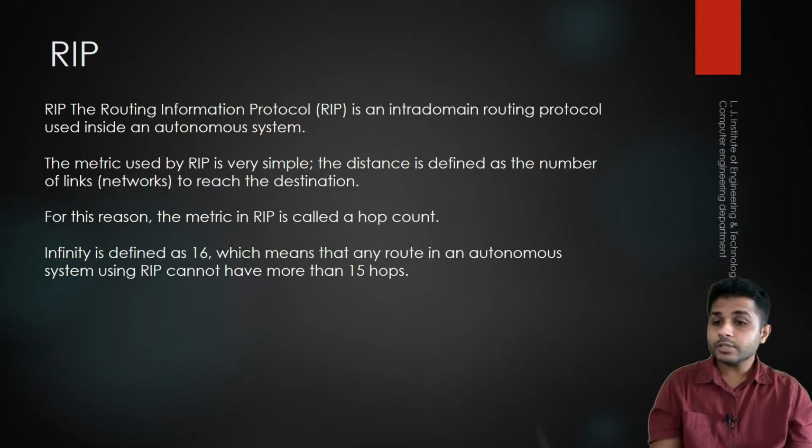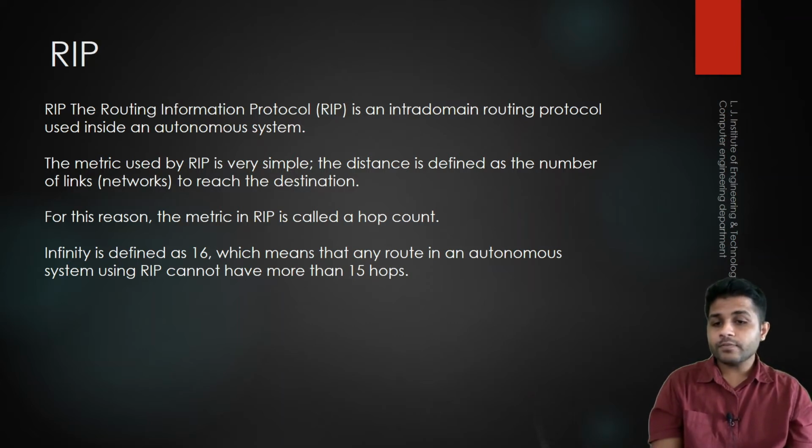RIP uses a metric, and the distance is defined as a number. So we know that in Dijkstra's algorithm or the distance vector protocol, we were considering the distance as some integer value, right? In RIP, we are actually using the hop count.